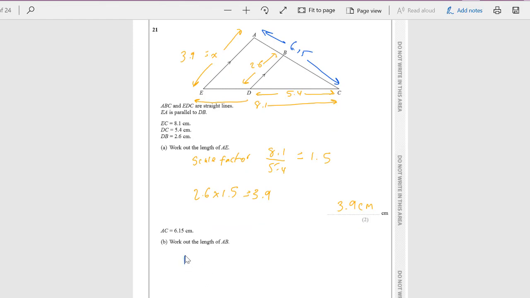So BC, which is here, is going to equal 6.15 divided by 1.5. So that gives us 4.1. So AB equals 6.15, take away 4.1. So AB is that part, and BC is that. So BC is 4.1. So that's going to give us 2.05.